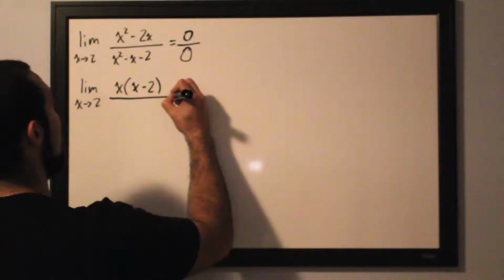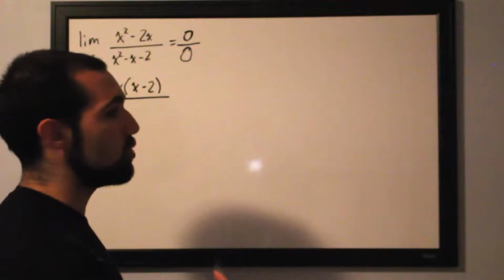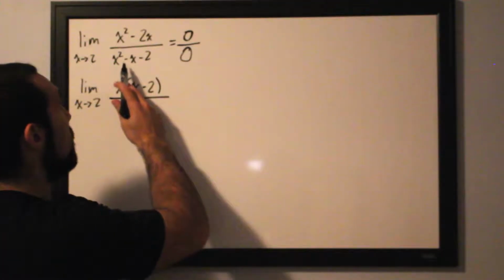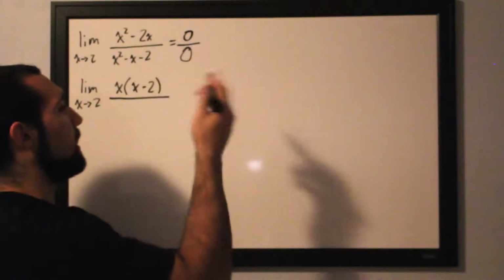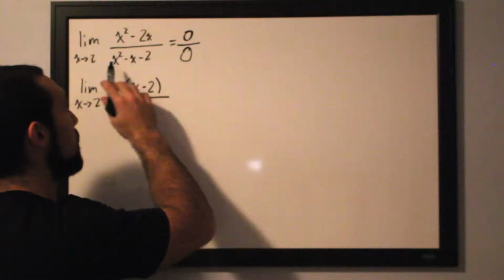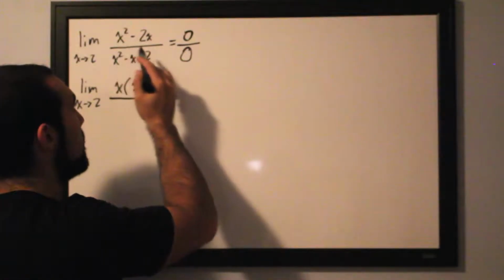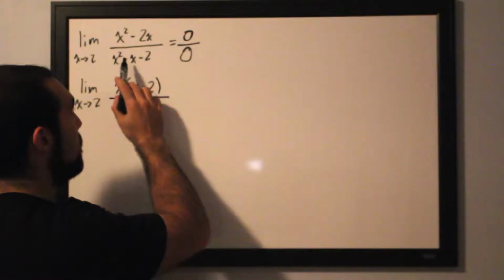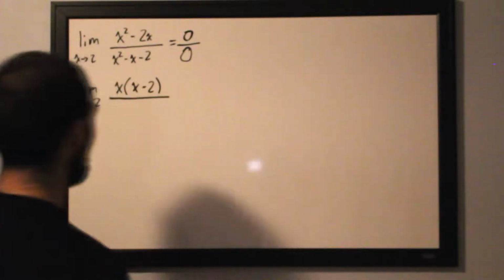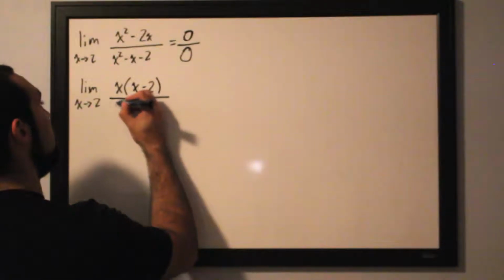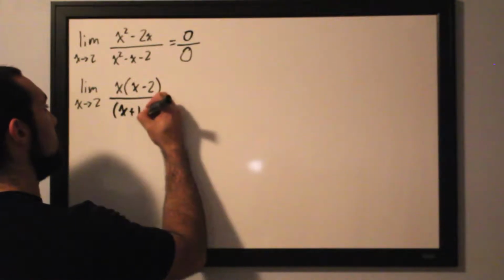Then in the denominator we factor this quadratic by looking for two values that give a product of -2 and a sum of -1, which are 1 and -2.